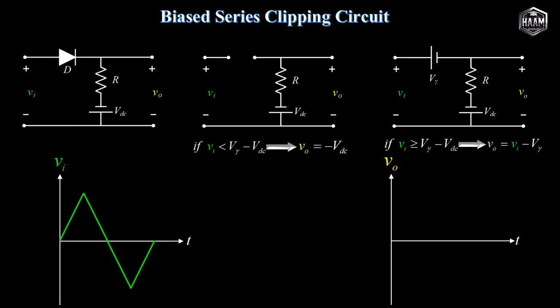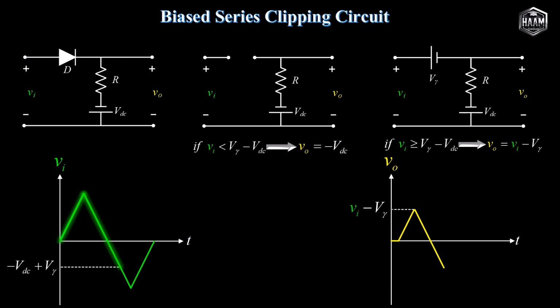Assuming V sub dc is greater than V sub gamma, the threshold value negative V sub dc plus V sub gamma represents a negative voltage level. In the region where V sub I is greater than V sub gamma minus V sub dc, the output waveform replicates V sub I shifted downward by V sub gamma.